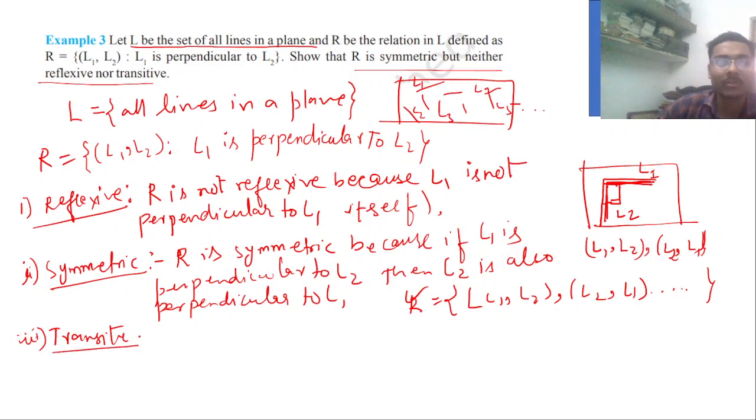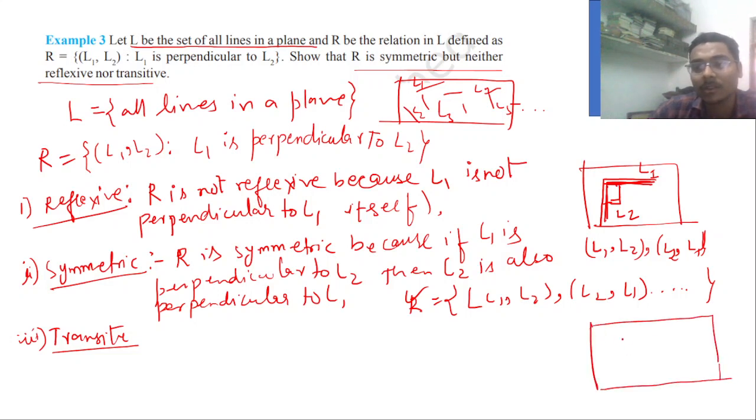Coming to the third part, transitive. For a relation to be transitive, we will have to consider three lines. So I'm considering L1, then drawing a line L2 such that L2 is perpendicular to L1, and drawing another line L3 which is perpendicular to L2.